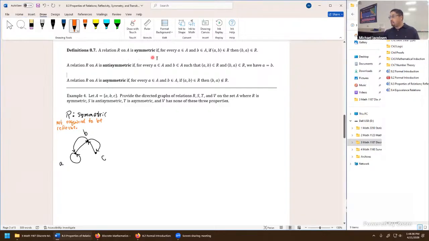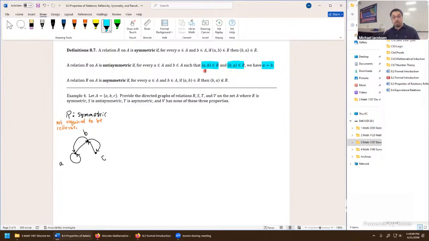Anti-symmetric says for every element A in the set and other element B that are related, if we have the pair A, B in R, such that B, A is also in R, it must mean that A has to be equal to B. So this one is now saying the only way you're ever allowed to switch the order of the elements inside this anti-symmetric relationship is if the elements were the same at the same exact time.